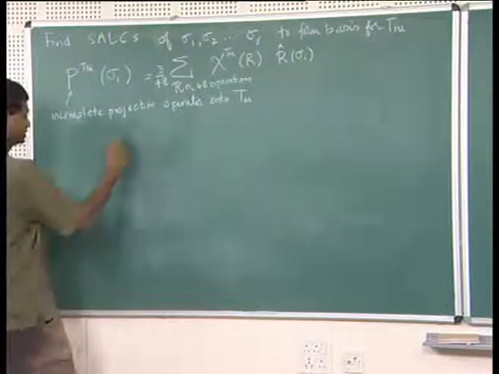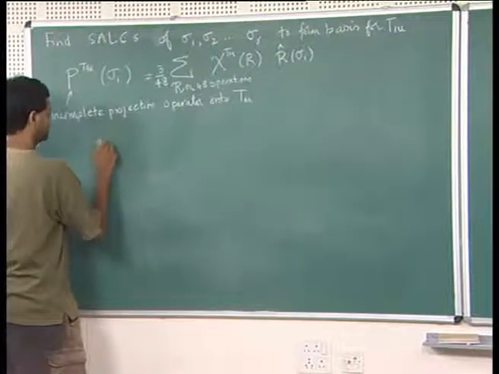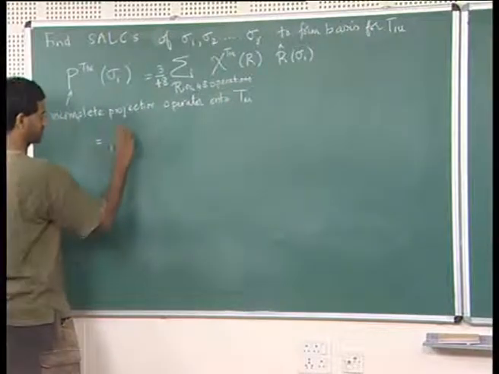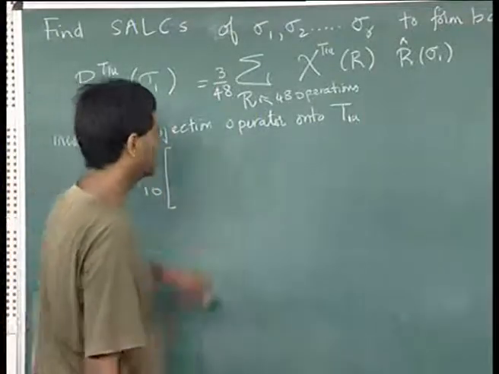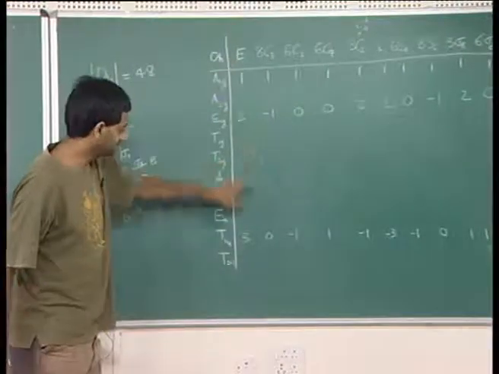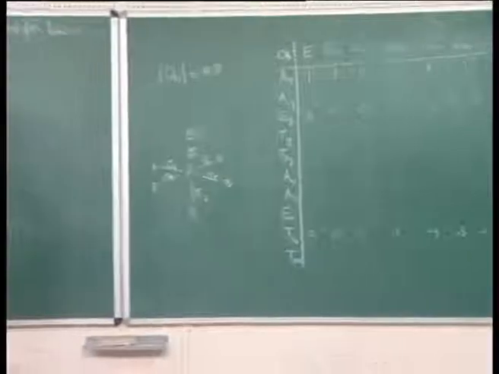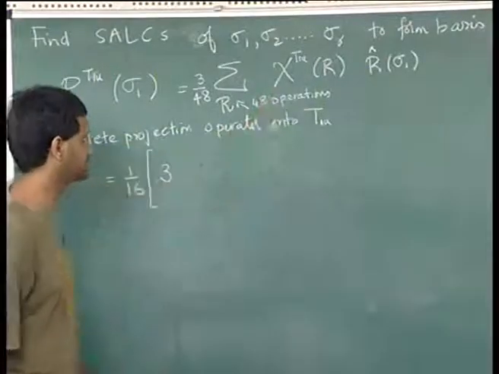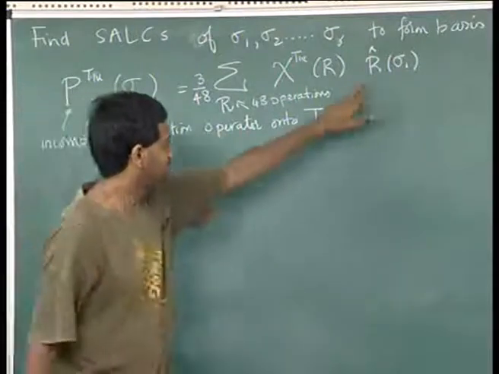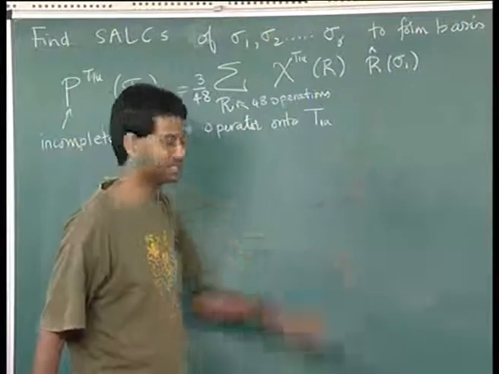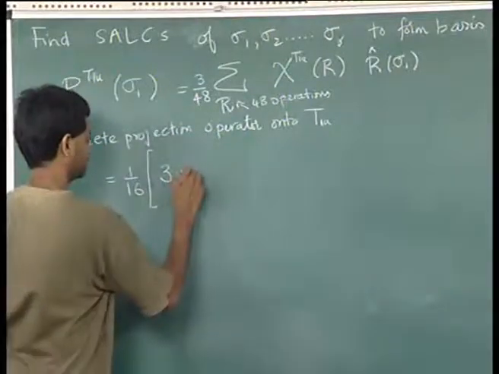So I can write this as 1 by 16. Now let's look at the first operation. The first class is the identity. Identity has character 3, and the identity operation acting on sigma 1 will just give me sigma 1. So I will have 3 sigma 1.